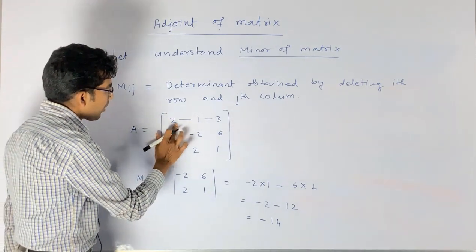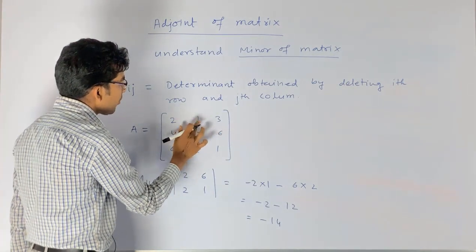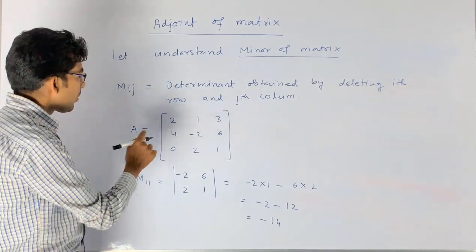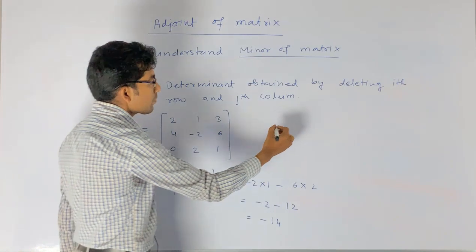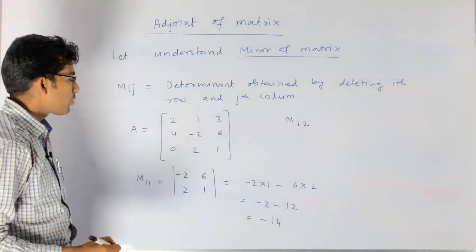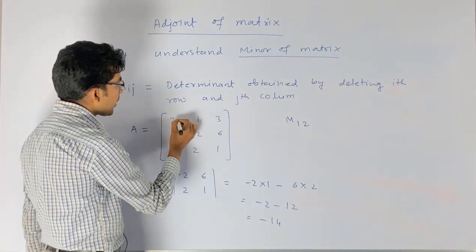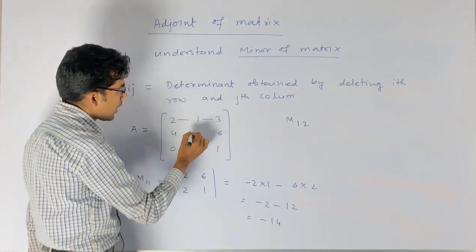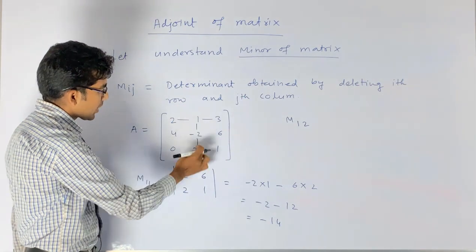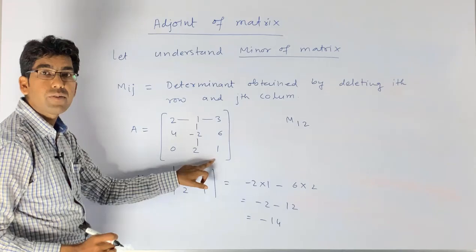Now we can also define the minor for other elements. Let's see for another element, that is 1. So M12. For M12, we delete first row and second column. If we delete first row and second column, we will remain with 4 0 and 6 1.